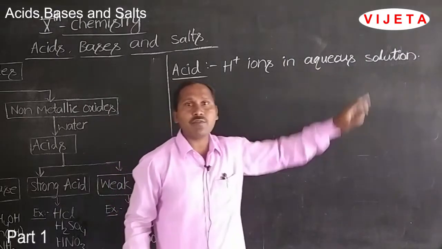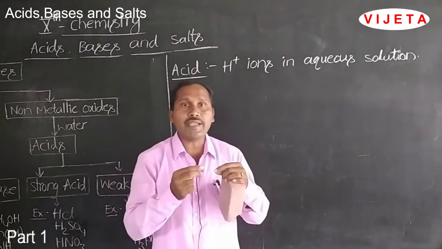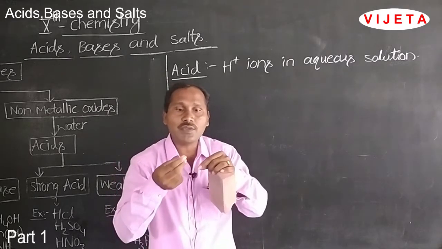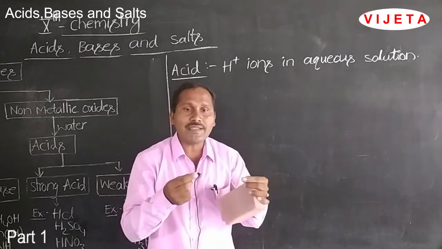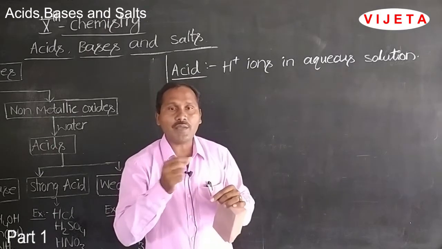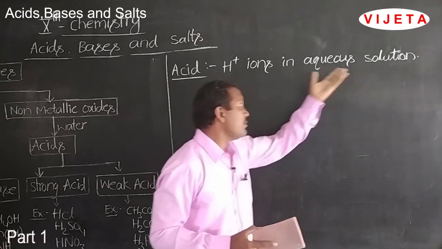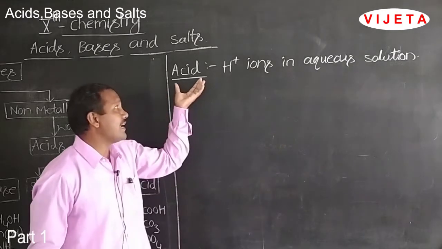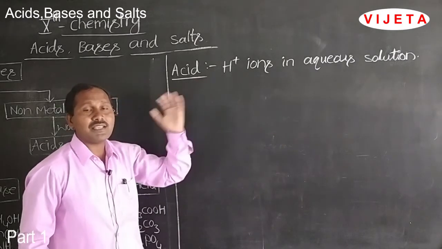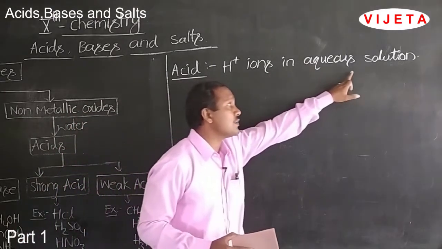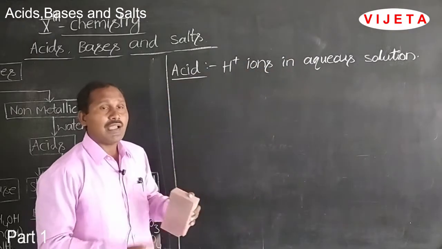Aqueous solution means, suppose you take any salt in a test tube and add some water, so the salt is dissolved in water. That type of solution is called an aqueous solution. So acid means the substance which produces H+ ions in aqueous solution.